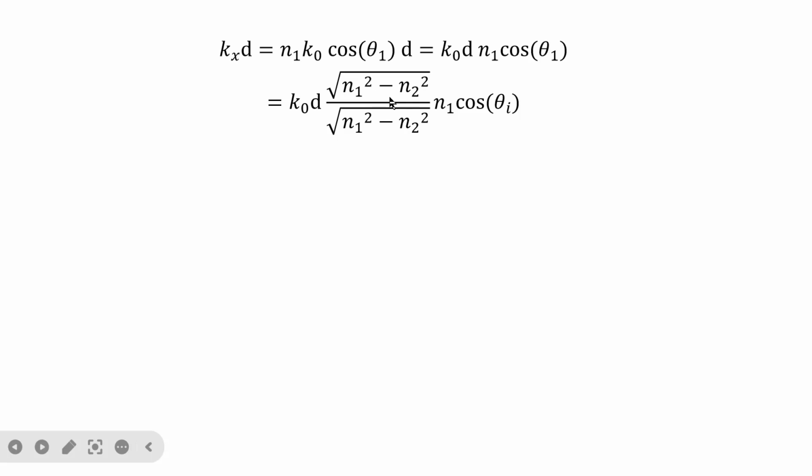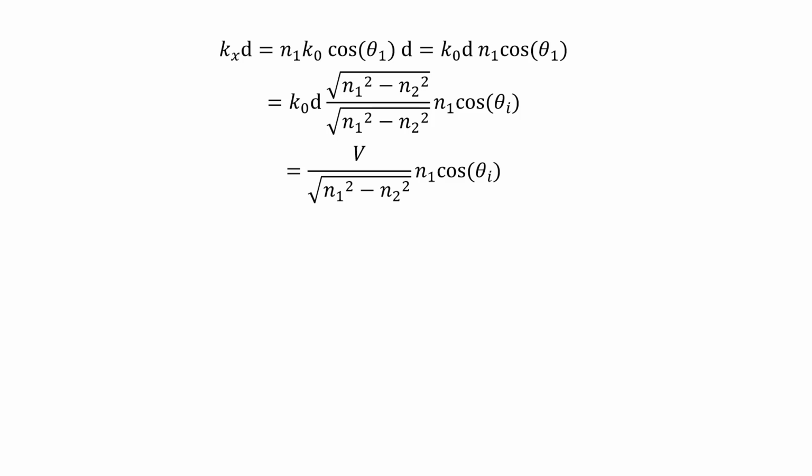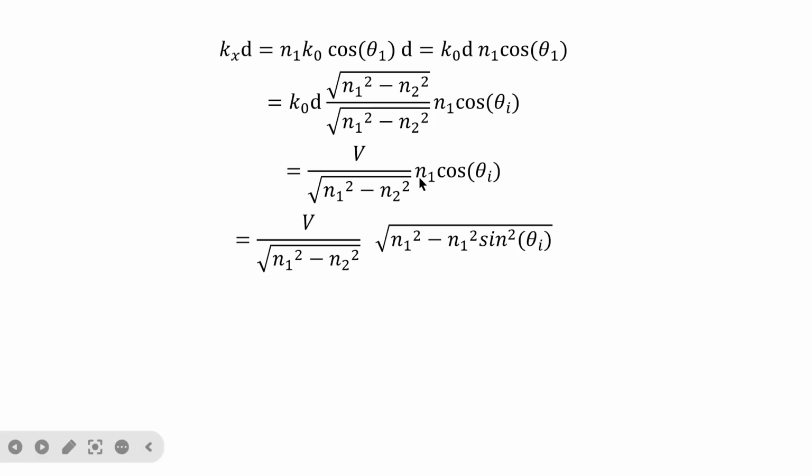And before doing this, we multiply the top and bottom by the numerical aperture. And now replacing cosine theta with this one. And remember, k0 d times the square root of n1 square minus n2 square is actually equal to V. And if we replace cosine theta with square root of 1 minus sine square, we end up with this.